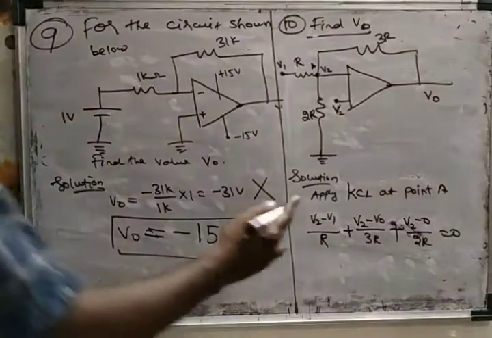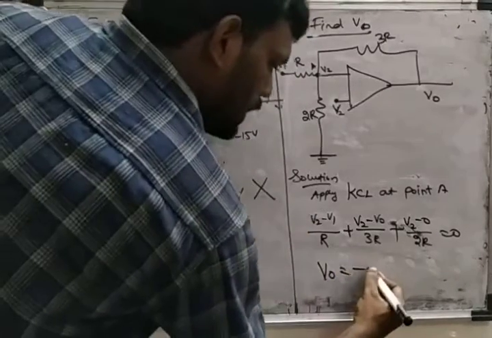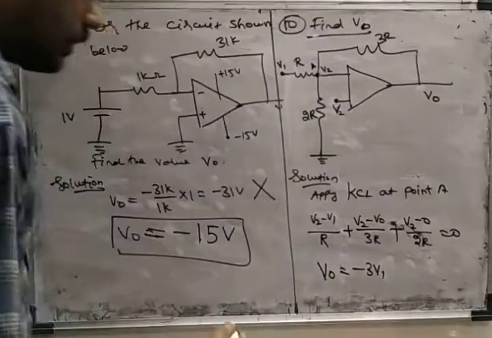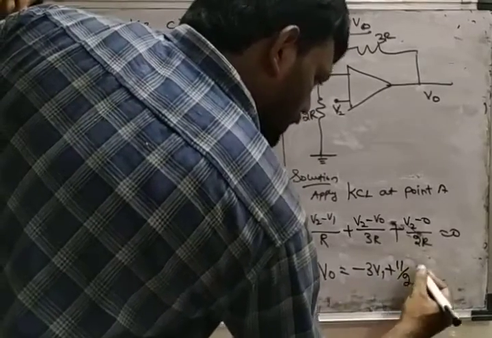If you solve this for V0, you will get V0 is equal to minus 3V1 plus 11 by 2 V2.